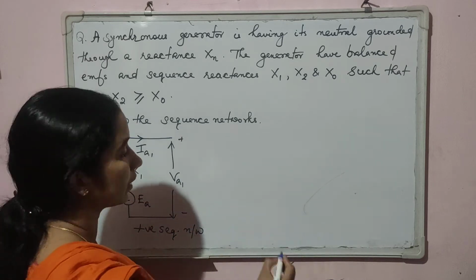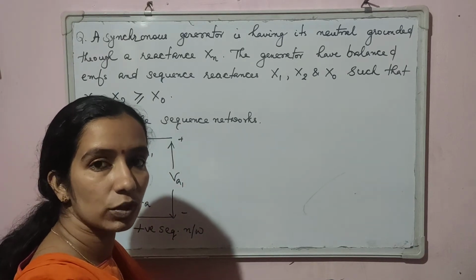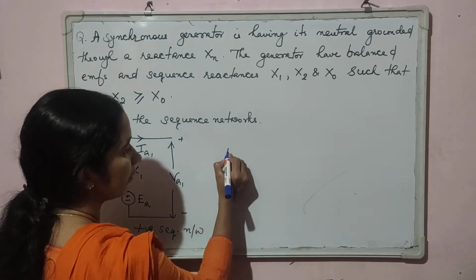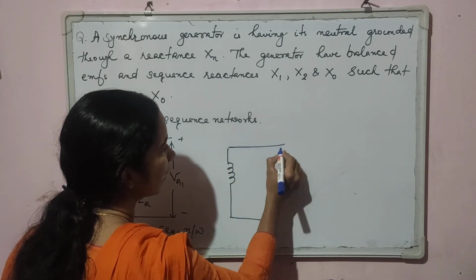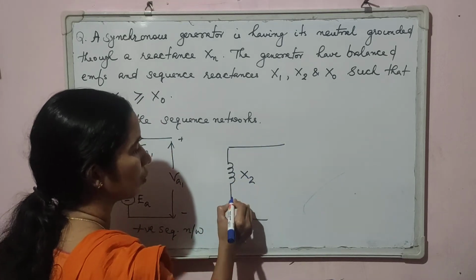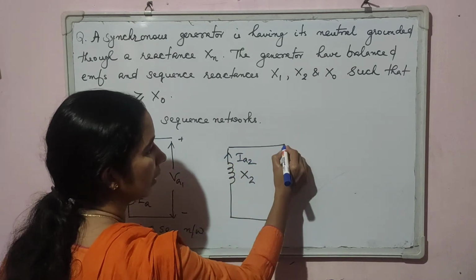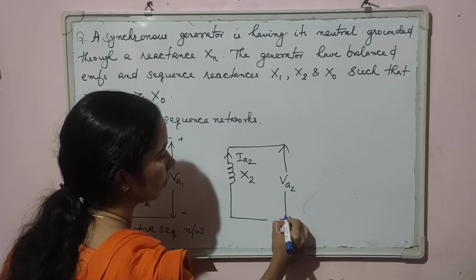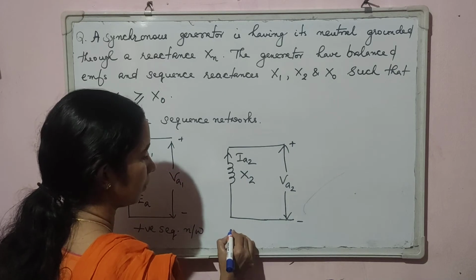Now let us draw the negative sequence network. We know the negative and zero sequence networks will not have a voltage source. So the negative sequence network will have the negative sequence reactance only, that is X2, the current flowing through the network is IA2, and the terminal voltage will be VA2. So this is our negative sequence network.